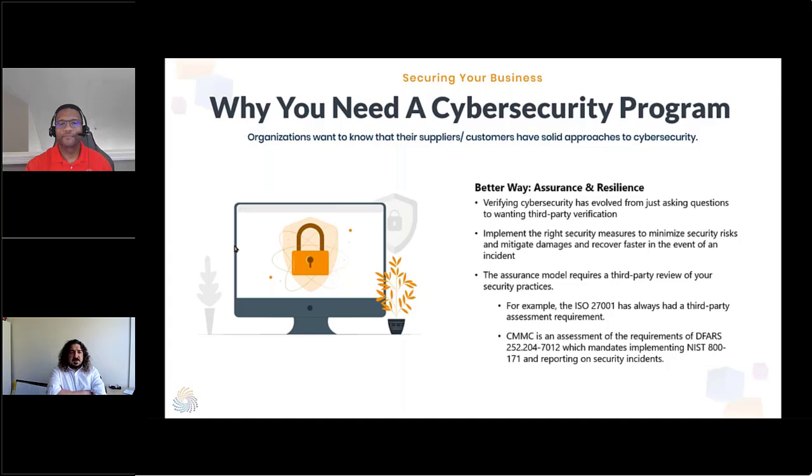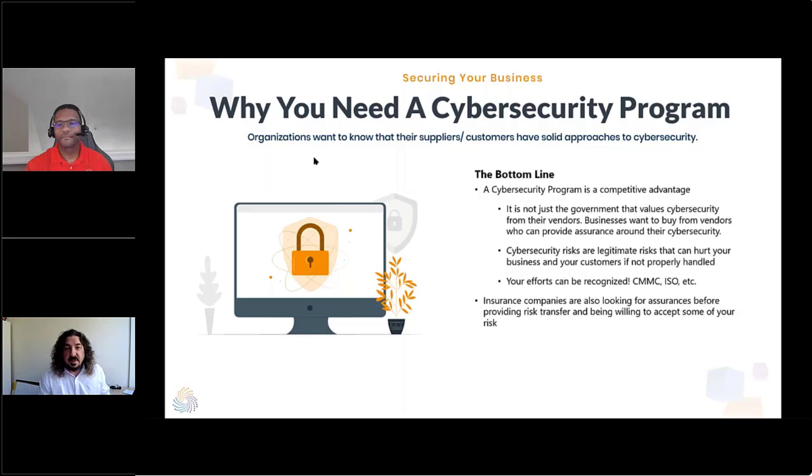We've also been seeing an uptick in organizations requiring SOC 2 compliance in commercial environments to demonstrate that you're implementing security controls in a proper way. So bottom line, having a security program in place, it's an advantage, and it's not just an advantage for government.